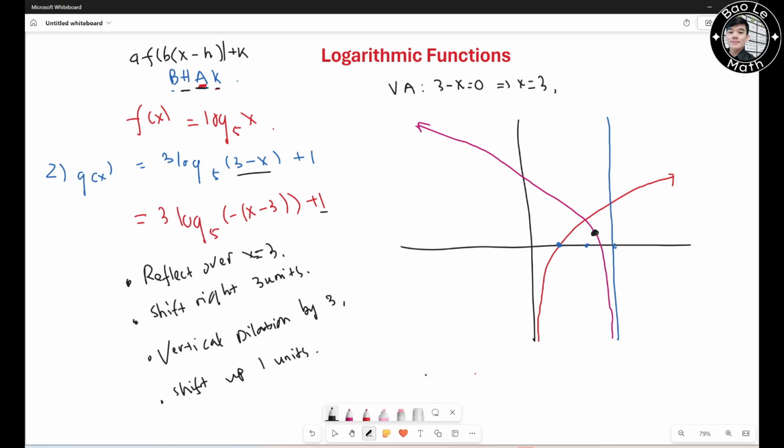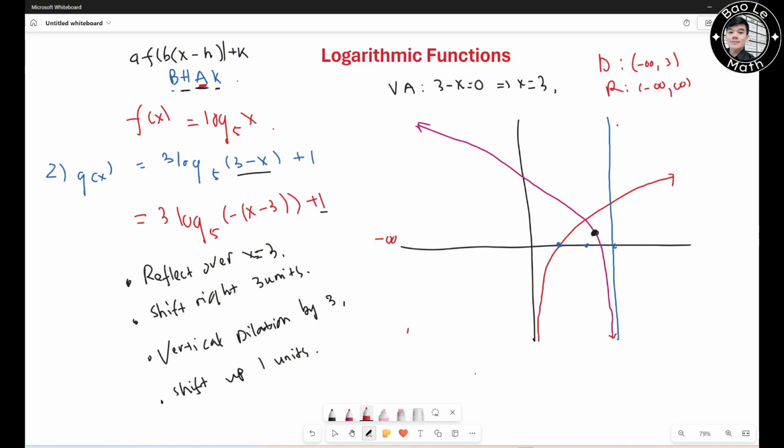Alright, now we need to find domain and range of this one. Domain is going to be negative infinity to 3 right here, right? Range, it should be negative infinity to positive infinity, right? Because the graph keeps going down and going up right here.